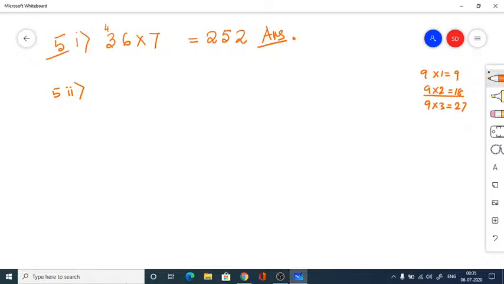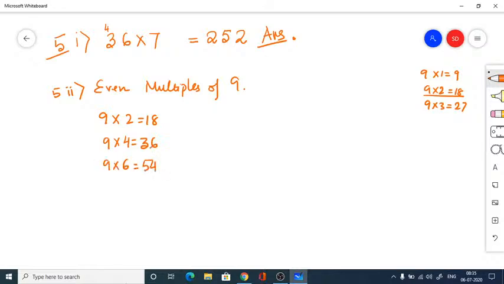So 9 twos, 9 fours, in this way I will write down the even multiples of 9. So 9 twos are 18, 9 fours are 36, 9 sixes are 54, but it has to be less than 100, okay? 9 eights are 72, 9 nines are 81, 9 tens are 90, 9 elevens are 99, 9 twelves are 108.